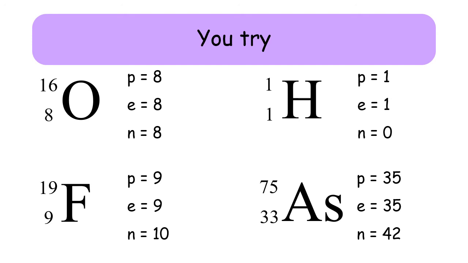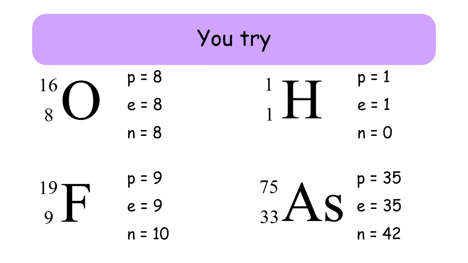Moving to the bottom left, the F. Well, F has an atomic number, remember the smaller number is the atomic number, of 9. So we can immediately say it has 9 protons and 9 electrons. To work out the number of neutrons, it is the mass number, 19, minus the atomic number, 9, which gives us 10 neutrons.